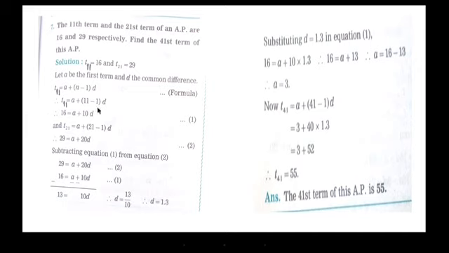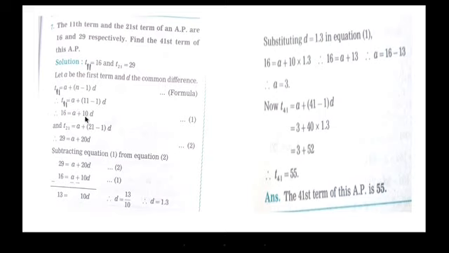Let A be the first term and D be the common difference. So T11 is equal to A plus (11 minus 1) into D. Since it is T11, the value of n is 11, and T11 is given as 16.